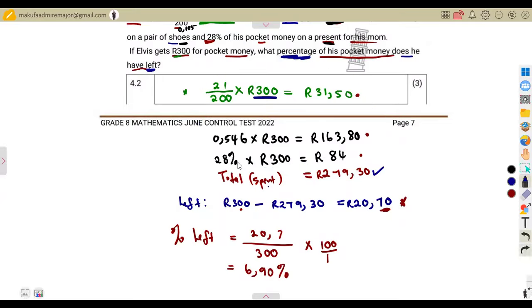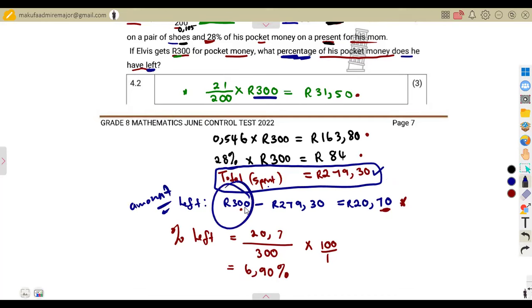So the total spent, which is this one, is what we calculated. Then from the total amount spent, find the amount he is left with.